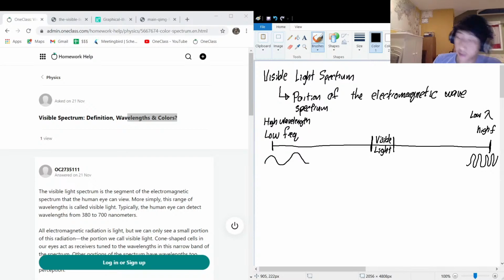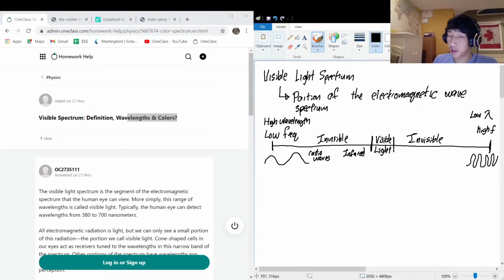Lambda is wavelength, and we'll see that more in the equations. If we have lower frequencies than visible light, this becomes infrared, and maybe even radio waves. This is all invisible, and over here it's invisible as well. Invisible to human eyes, that is.